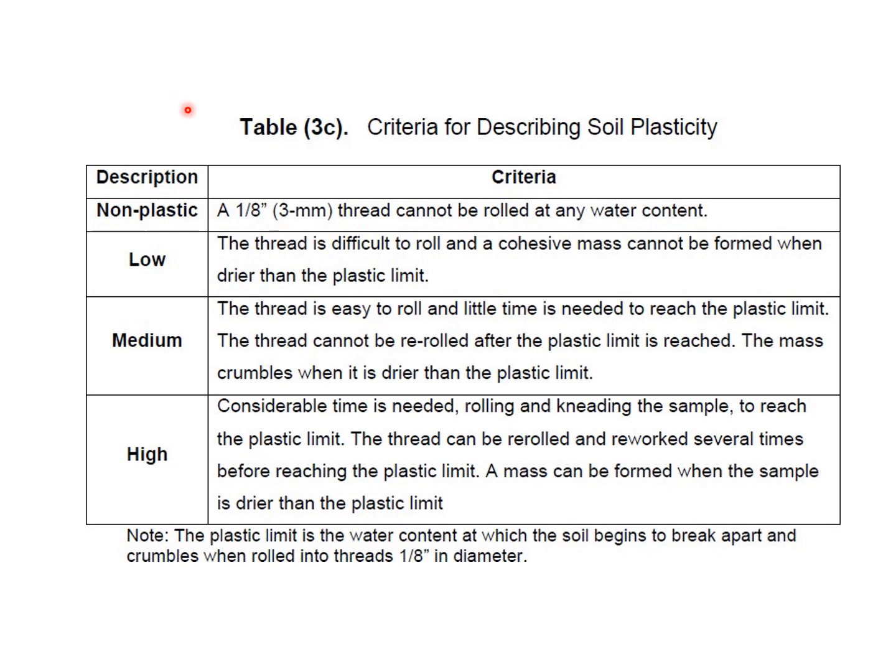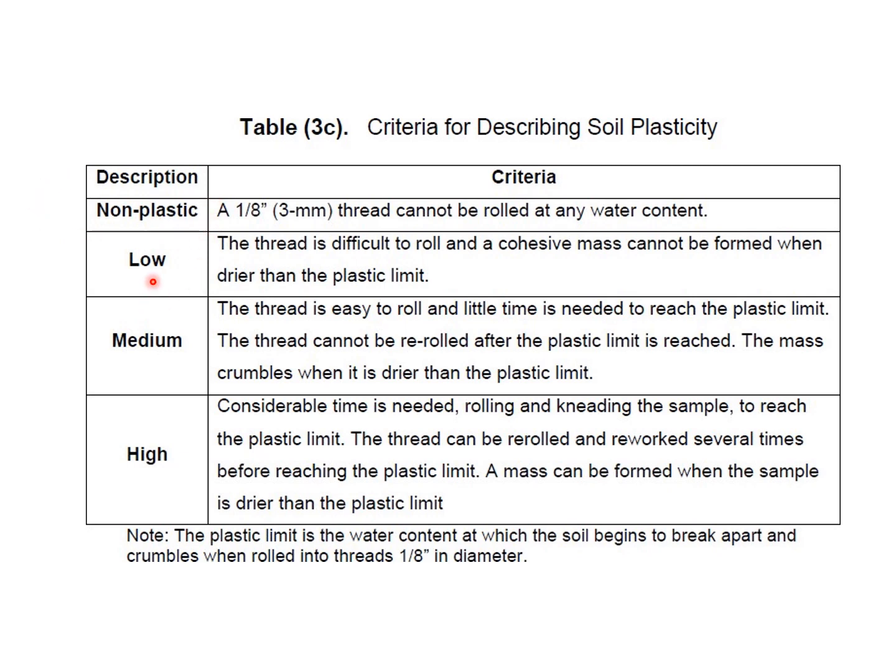This is Table 3C, criteria for describing soil plasticity: non-plastic, low, medium, and high. A 1/8 inch thread cannot be rolled at any water content, so it means you have non-plastic soil.